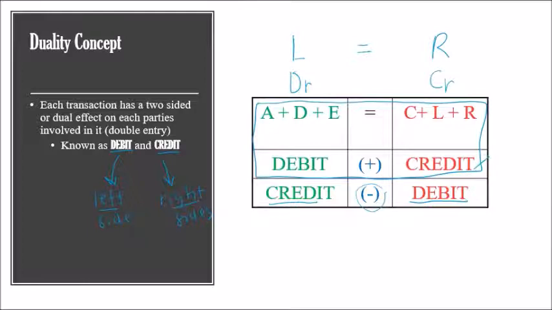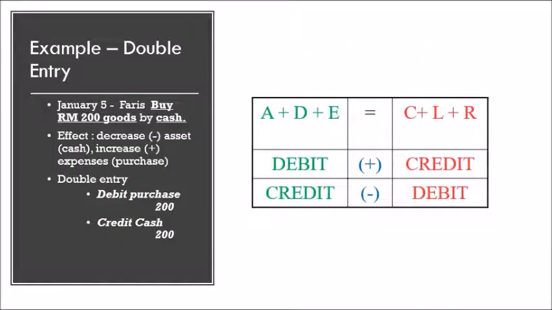Okay, so next, we'll go into this example. January 5. Faris buys RM200 goods by cash. So you can see there's a transaction here.